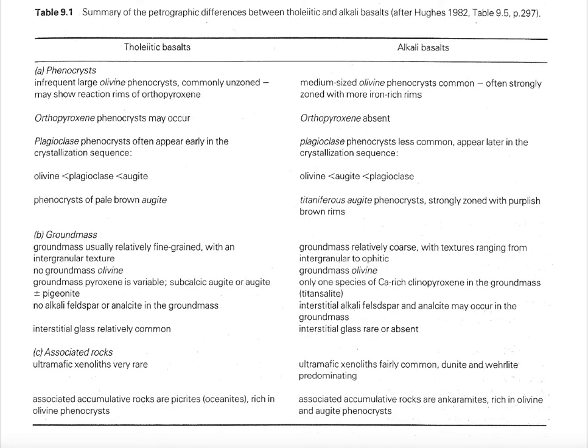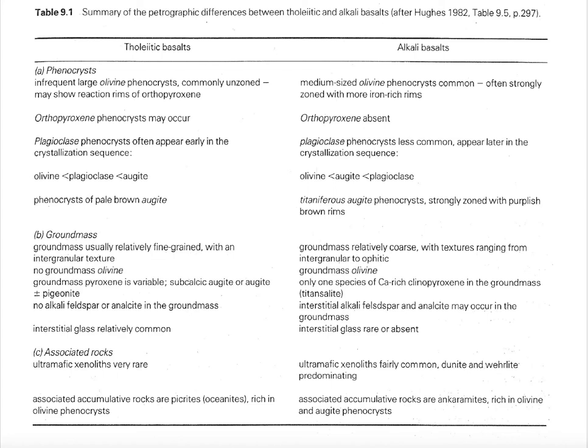So now we are splitting the tholeiitic basalts from the alkali basalts. What are the main differences between tholeiitic and alkali basalts? First the phenocrysts. In the tholeiitic basalt we have infrequent large olivine phenocrysts, commonly unzoned, which may show reaction rims of orthopyroxene.